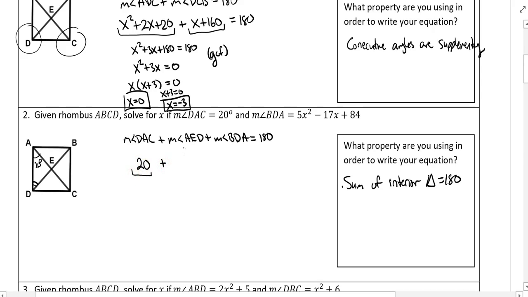We know that the measure of AED is 90 degrees because the diagonals in a rhombus are perpendicular. And then we have an equation for BDA, that's 5x squared minus 17x plus 84. All that's added together, the three angles, adds up to 180.